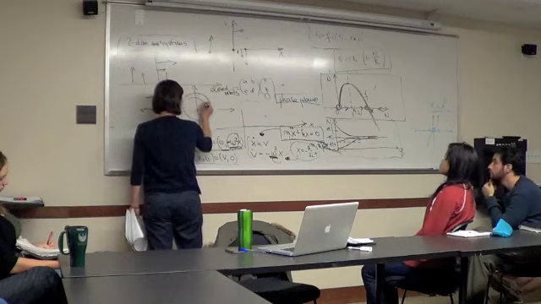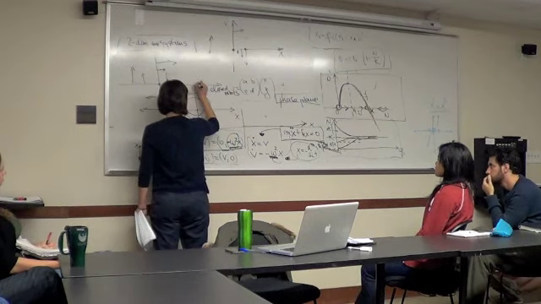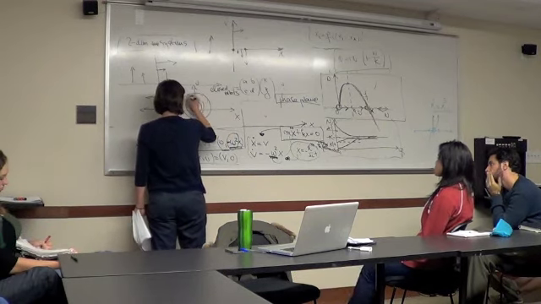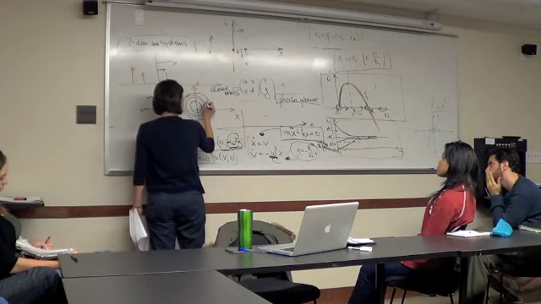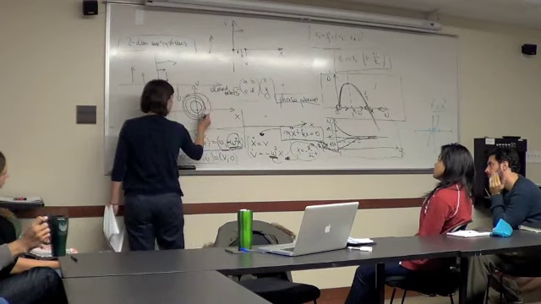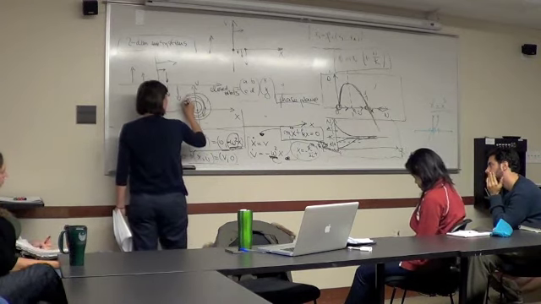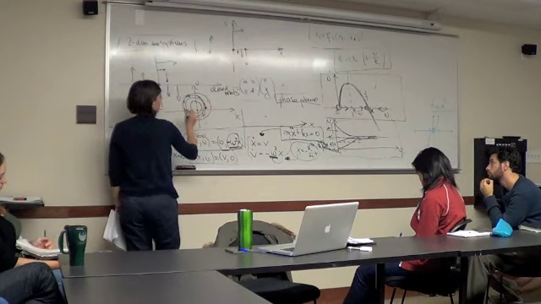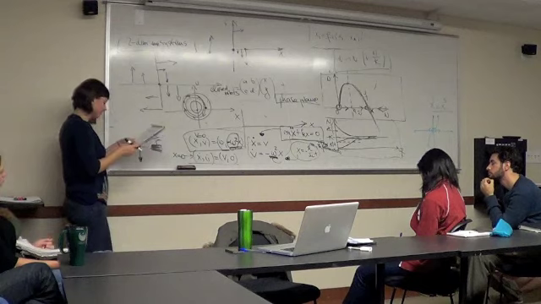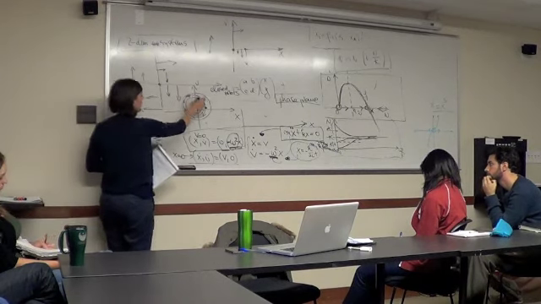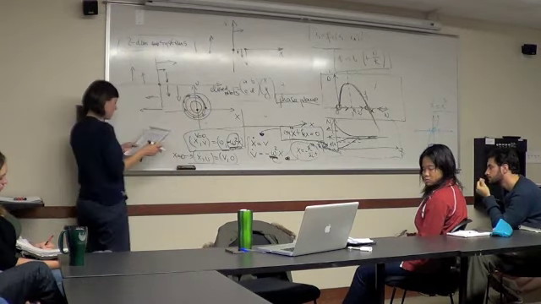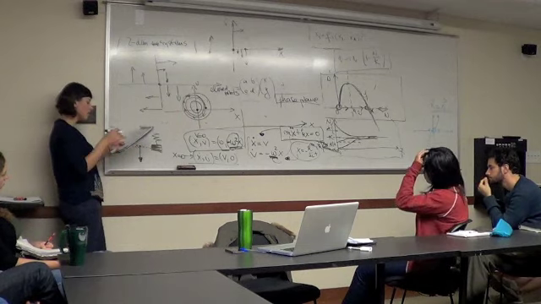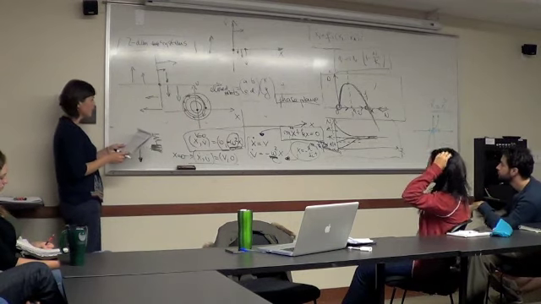If you start the system on any point here, you will just go around and then retrace your steps to your initial condition. So you circulate around the closed orbit until you get to your initial condition.